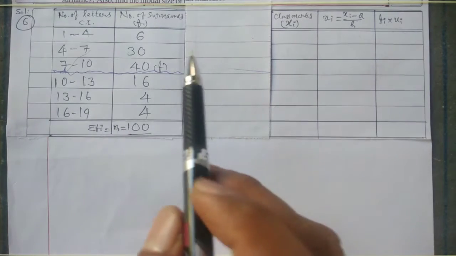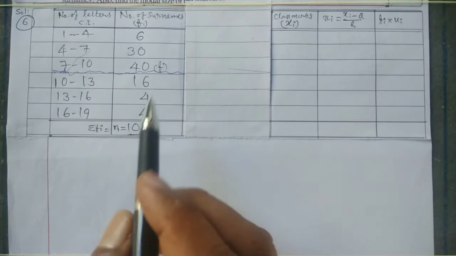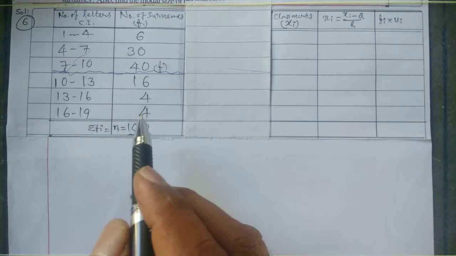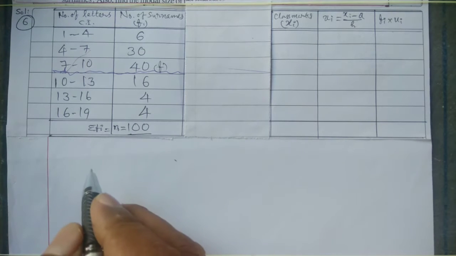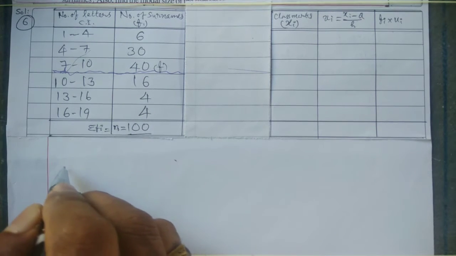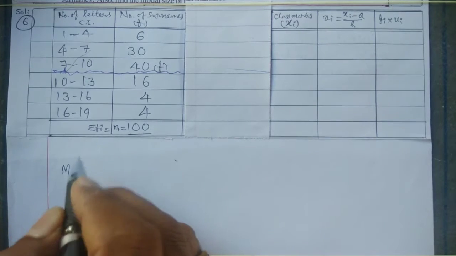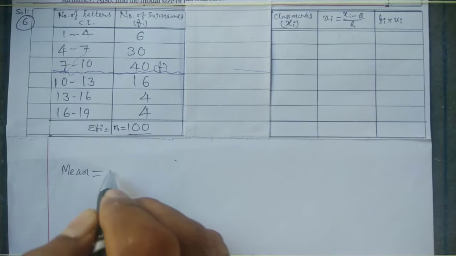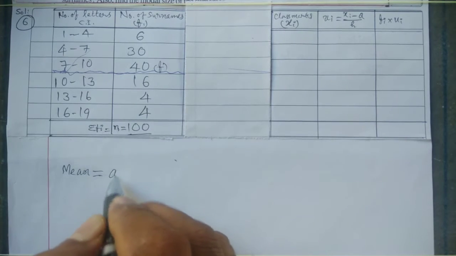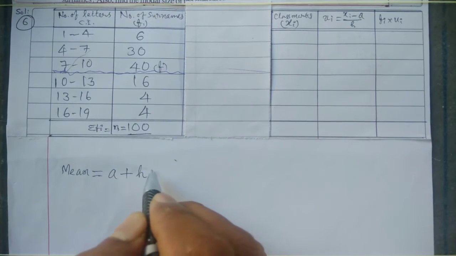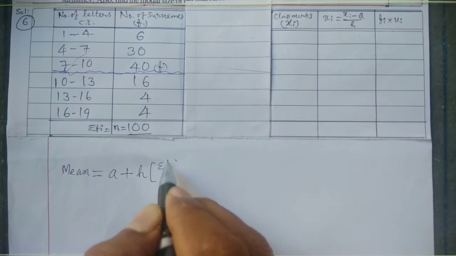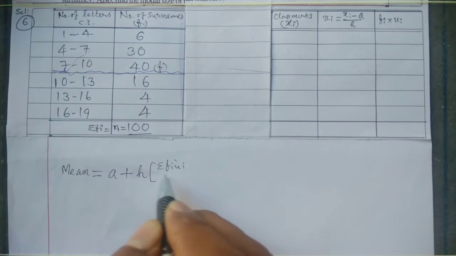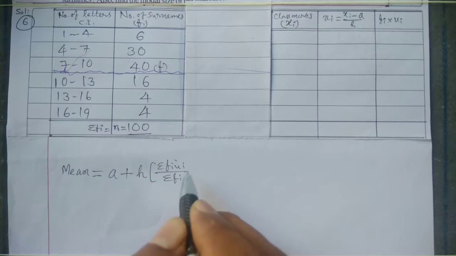Next, we have to find mean. To find mean, we use the short deviation method. Mean by short deviation method: mean is equal to A plus H into sigma Fi Ui by sigma Fi.